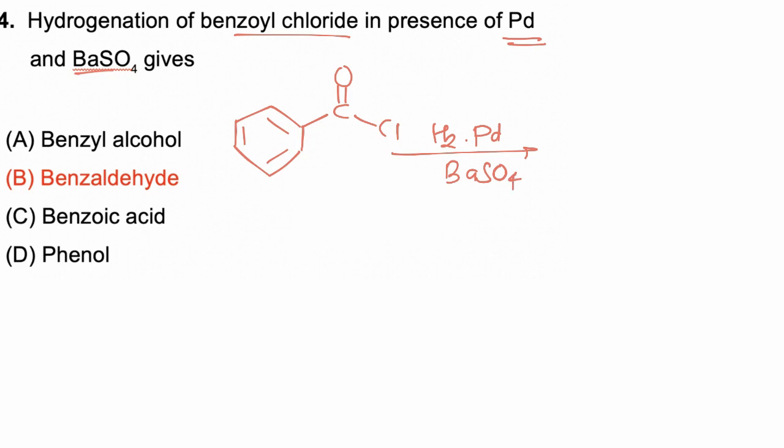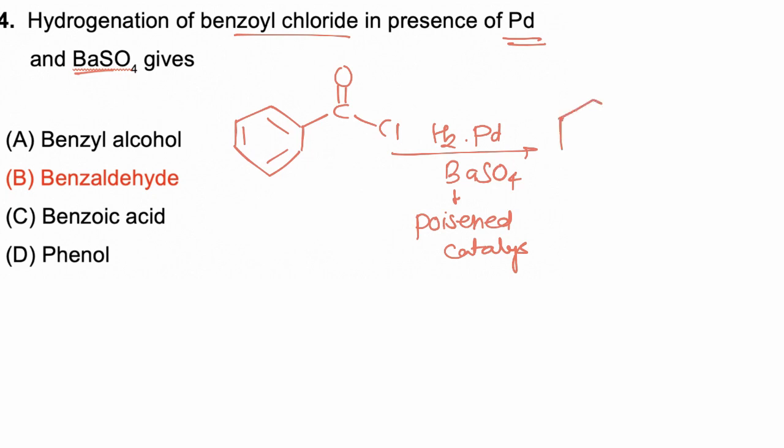Now barium sulfate is a poisoned catalyst and hence it will decrease the reactivity of palladium, and now this will only reduce acid chloride to aldehyde, and this poisoned catalyst cannot further reduce aldehyde to alcohol.